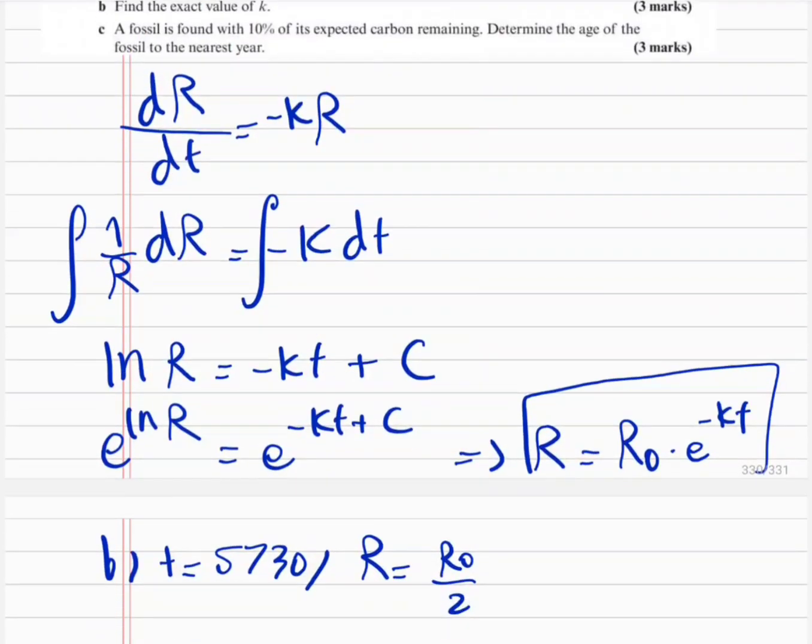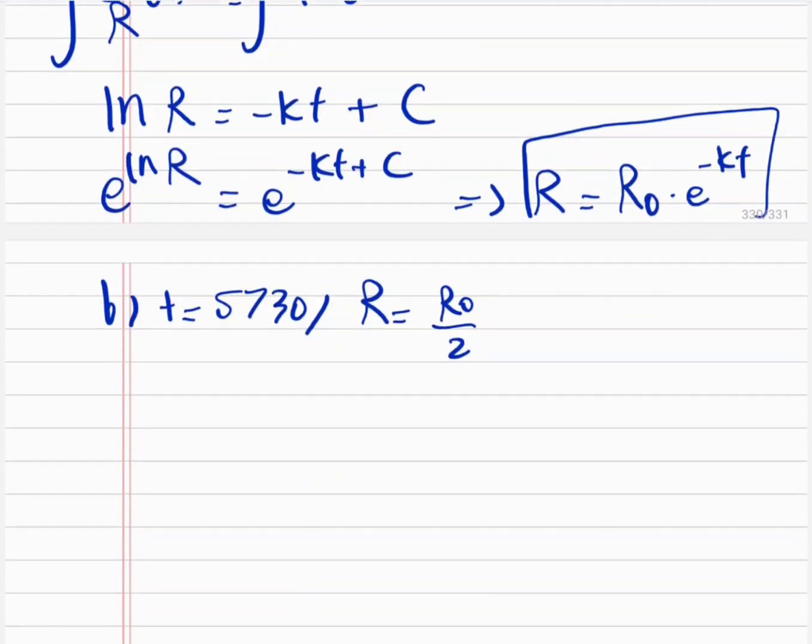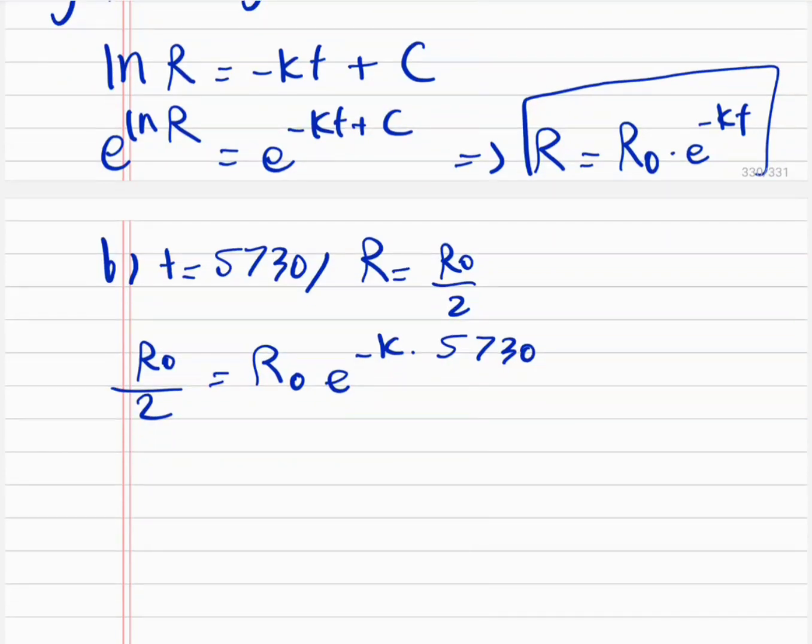Now, we can use this to substitute into the equation that we derived in the previous part. So we can substitute R into here, and we'll have R0 over 2 is equal to R0 e to the minus k times 5,730.